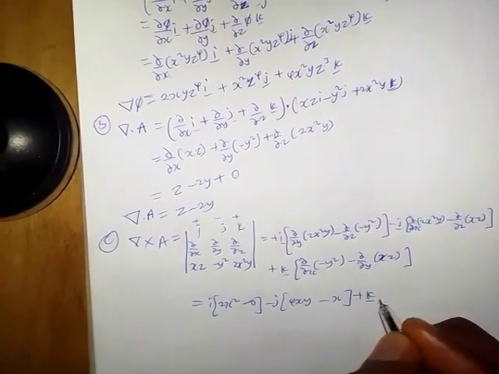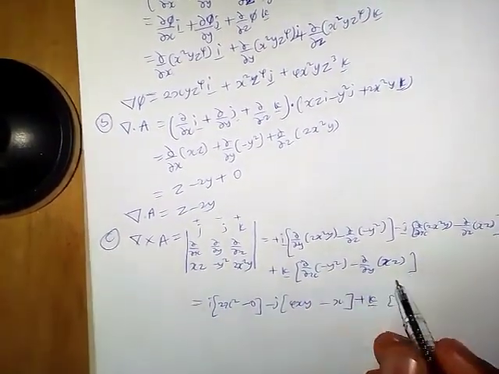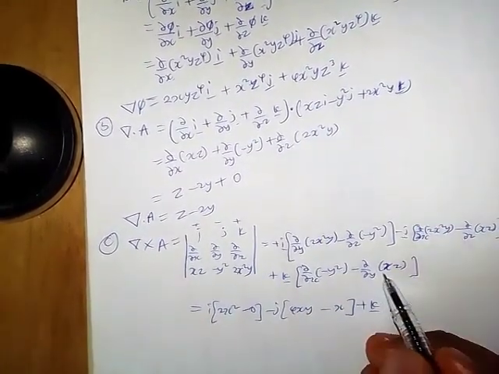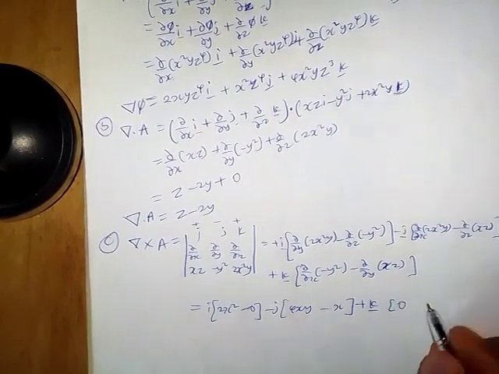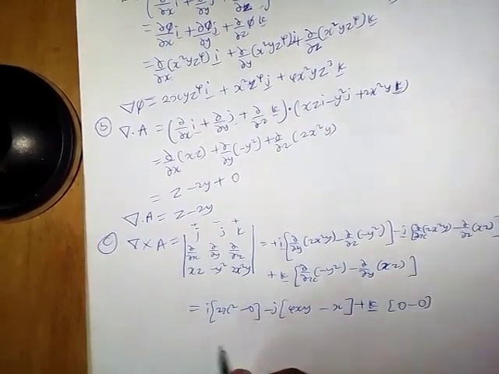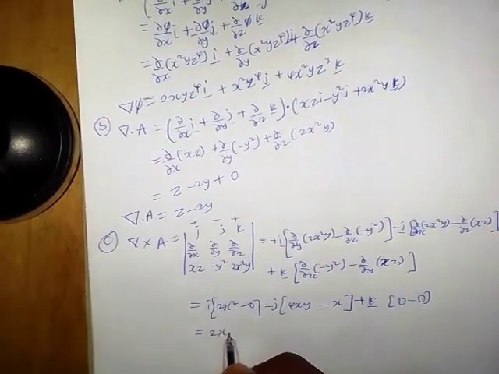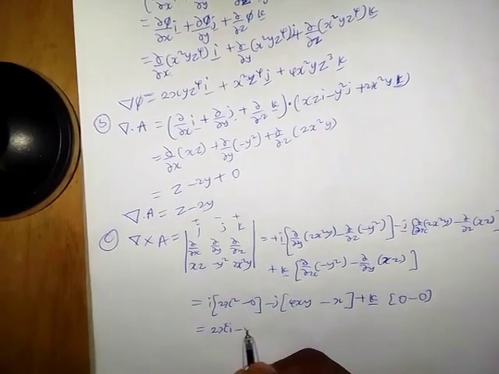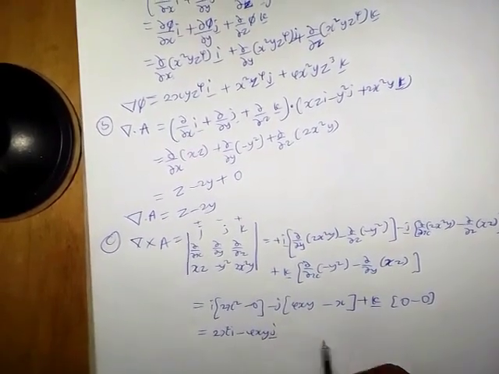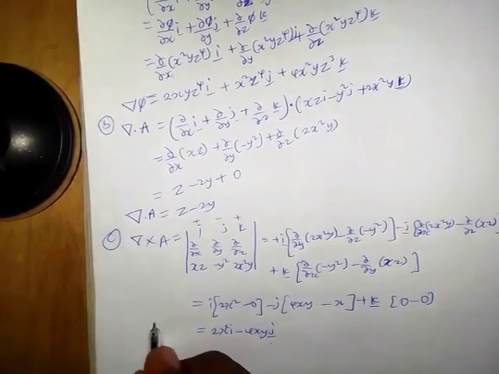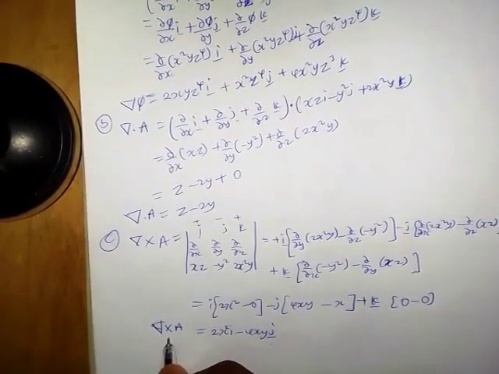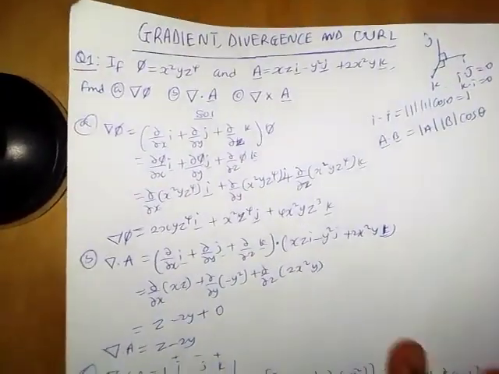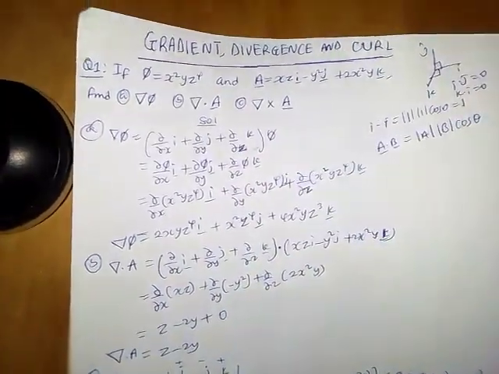So now for the k component, we differentiate this with respect to x, we have 0, since y is a constant. Differentiate xz with respect to y, we have 0. So we are left with 2x squared i minus 4xy j plus 0. So our curl is 2x squared i minus 4xy j. So that's the relationship between the gradient, the divergence, and the curl. Thanks for watching.